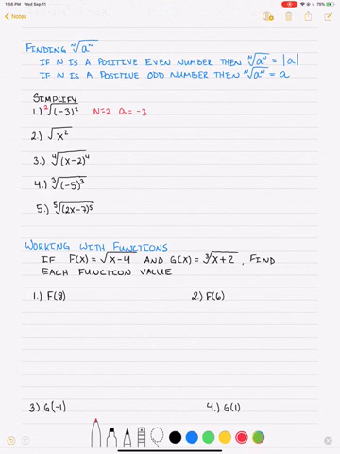If I look at my rules, the first line says if n is a positive even number, which it is, n is 2, positive and even, then the nth root of a to the power of n equals the absolute value of a. So I need to set this equal to the absolute value of a. I know that a is -3. If I take the absolute value of -3, it's going to give me +3. So the square root of -3 squared equals +3.